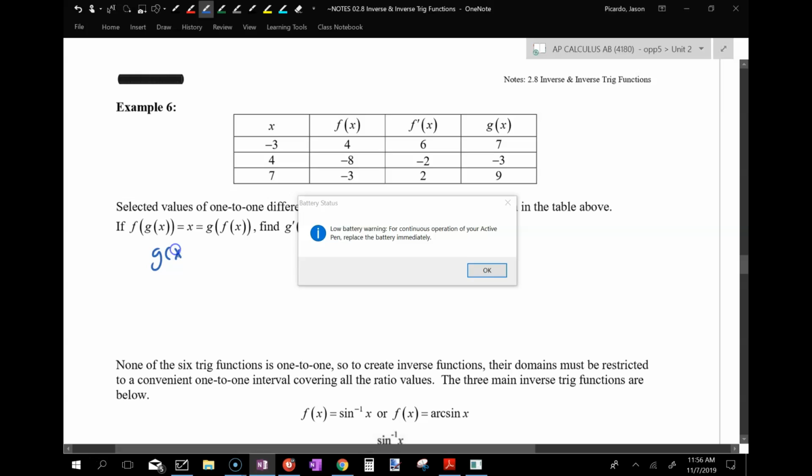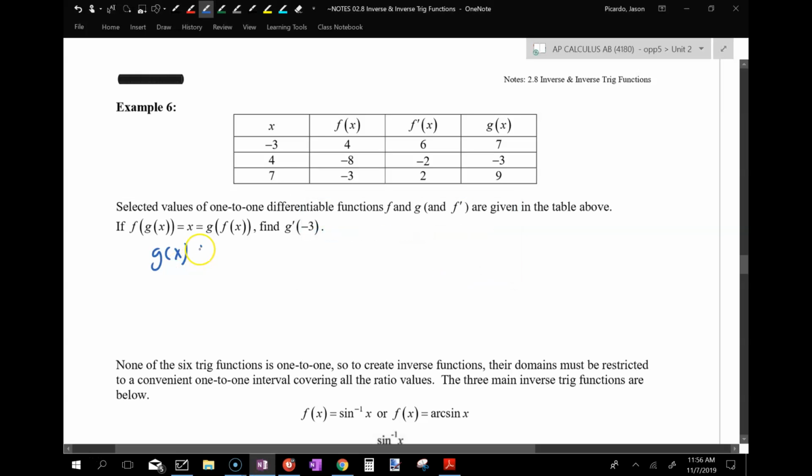But if you had to show some work, you could simply say this. You could say g of x has the point -3, 7, which means f of x has the point 7, -3, right? So we know those are corresponding. So if I want to find this, I simply need to do that.